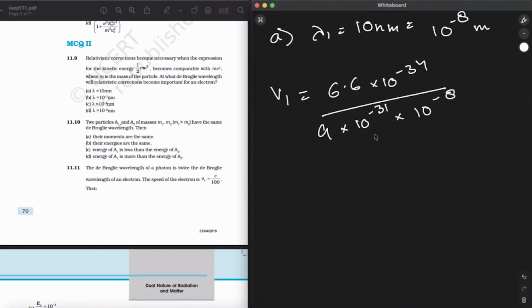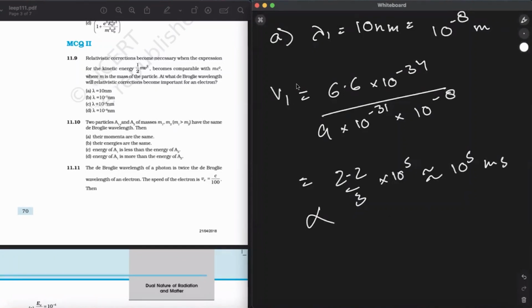Solving this, it is in the range of 10 to the power of 5 meters per second. No, this is not the condition for it. So option A is wrong.